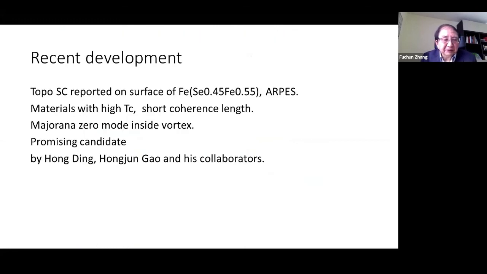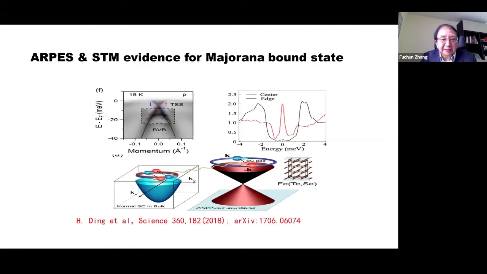Let me very quickly go through the recent development. The recent development is on the Majorana zero mode in high temperature iron-based superconductors. The data has an advantage: the first excited state and the Majorana zero mode can be distinguished in energy by STM because the gap is much larger.